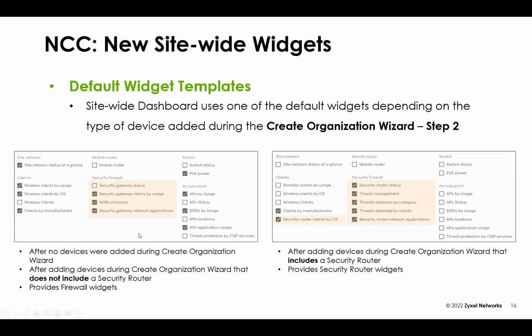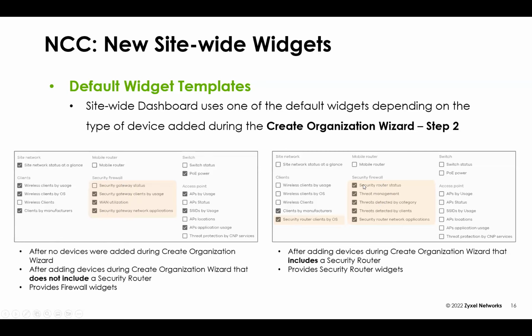For example, let's just say that you went through the organization wizard and you did not include a security router. It will provide the regular basic firewall widgets. However, if you've created an organization that includes a security router, it then looks at the fact that you're adding a security router, and then it will add security router widgets.